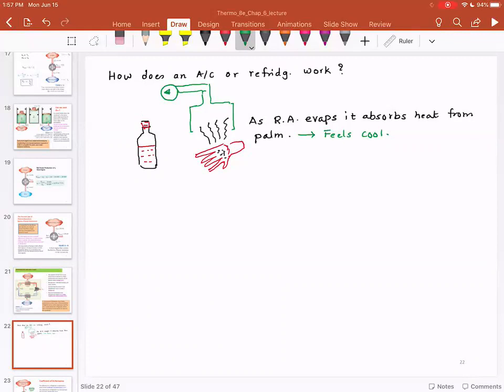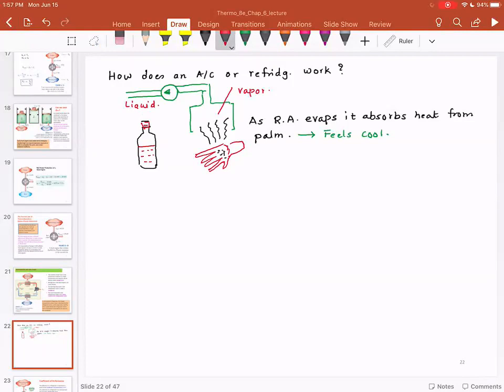And as you know, as you increase the pressure, the gases get converted to liquid. So as you start compressing this, the rubbing alcohol in the vapor state will get converted to liquid state at the exit of the compressor.